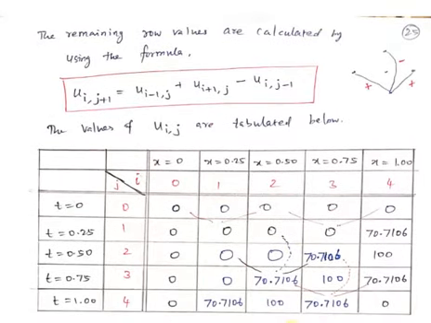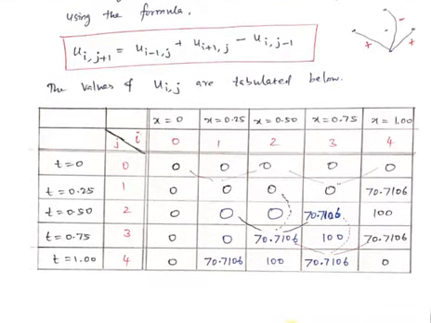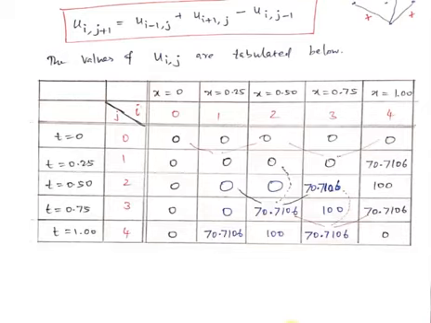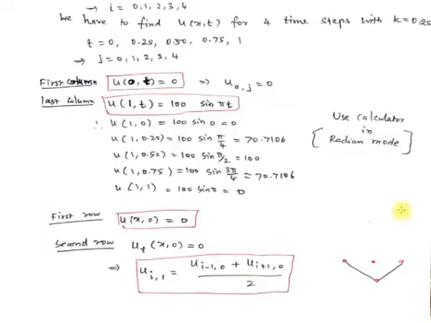The remaining row values are calculated by using the formulas. Here the first row will be 0 and the first column will be 0. The last column will be calculated by the given method. Yes, the last column u of 1 comma t equal to 100 sin pi t.